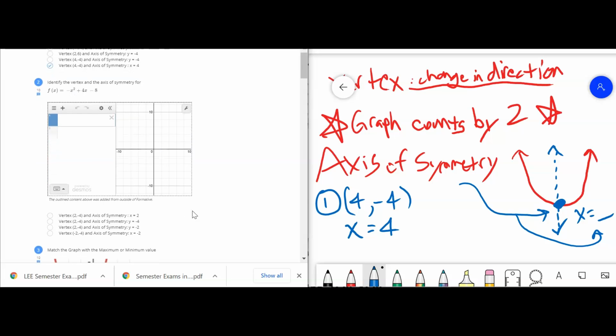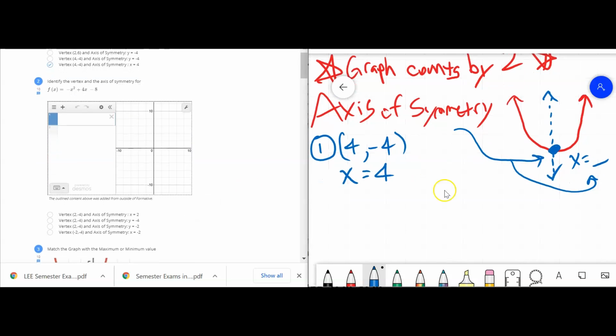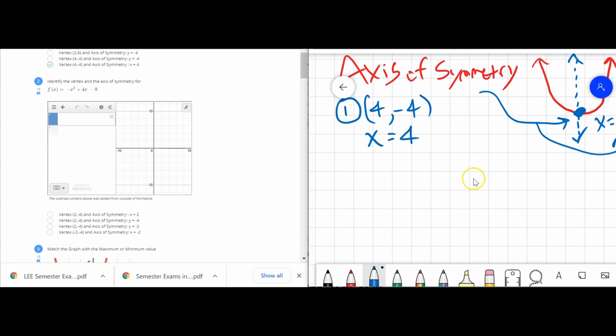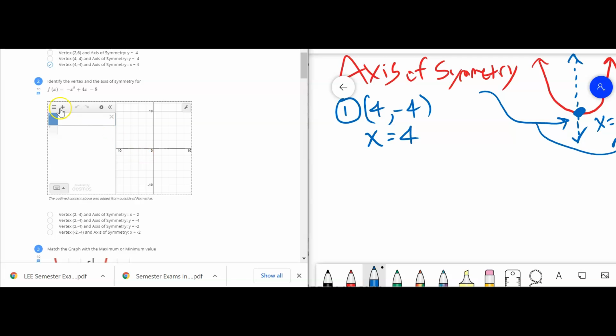All right, moving on. Identify the vertex and the axis of symmetry. We're doing the exact same thing over here. So once again, we need to type this in. You got to get good at typing this. Again, you can just type f parentheses x parentheses equal sign minus sign x.